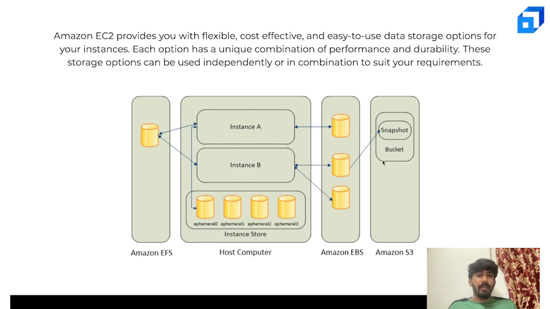For that, there is something called a backup in AWS, called a snapshot. You can create a backup of the EBS volume, which is called a snapshot, and it will be stored in S3.